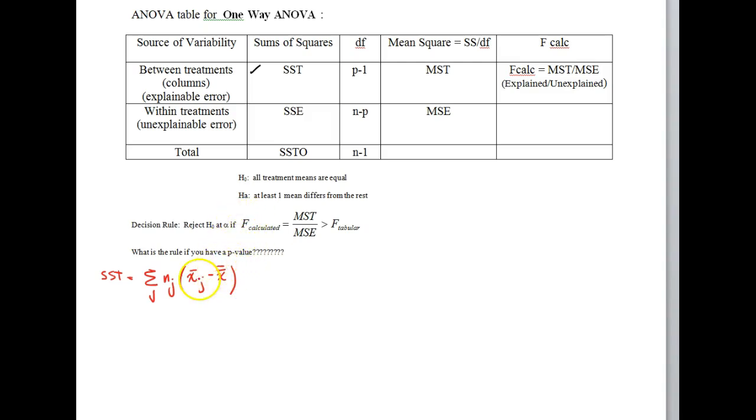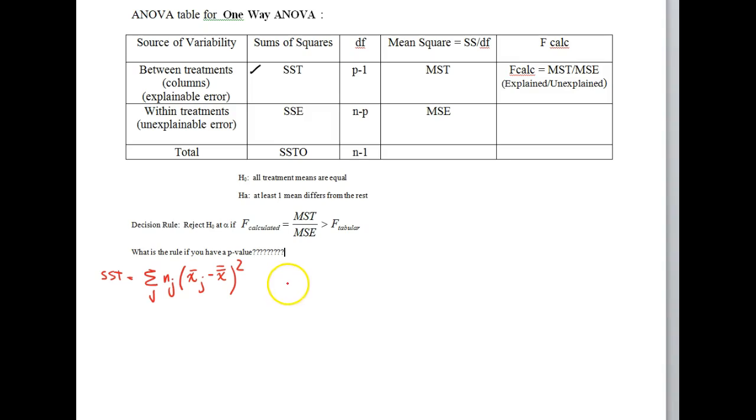This is to say that we're multiplying the number of data points in a specific treatment by the square of that treatment's mean minus the overall mean of the whole sample.